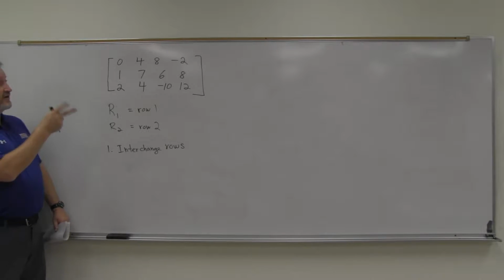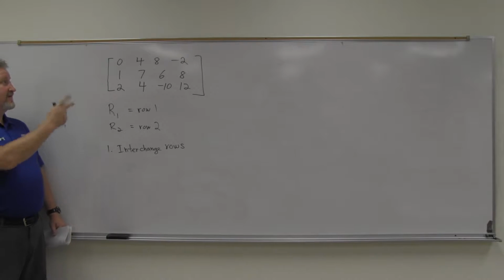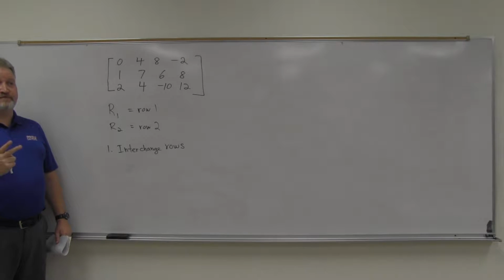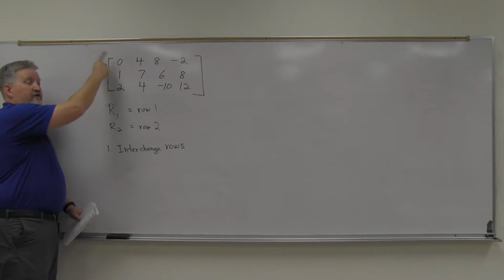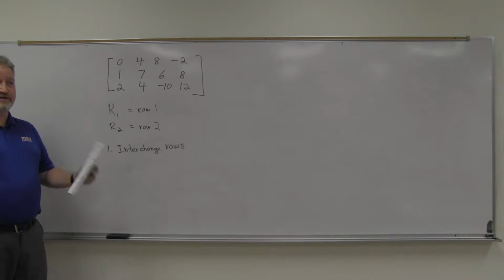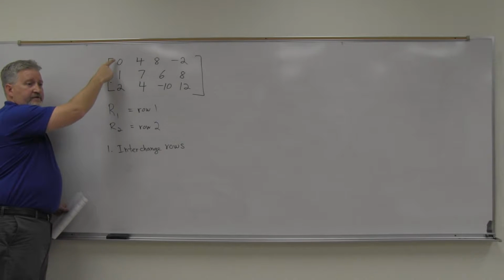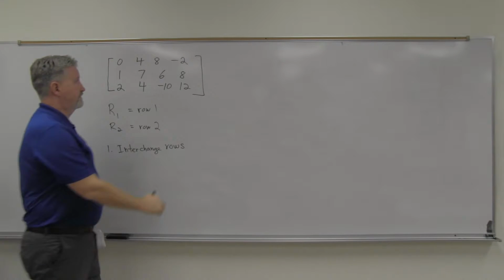If I switch row 1 and row 2, that's going to be good for row echelon form, isn't it? Because in row echelon form, we want the upper left entry to be a 1. So you see why I'm doing the interchange there? To get that 1 up to the upper left corner.